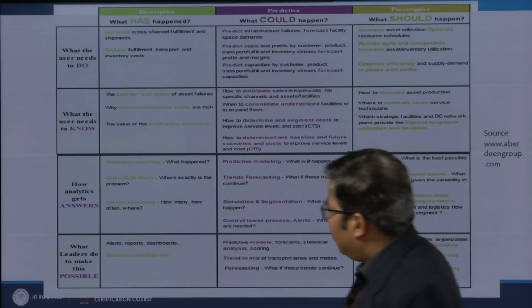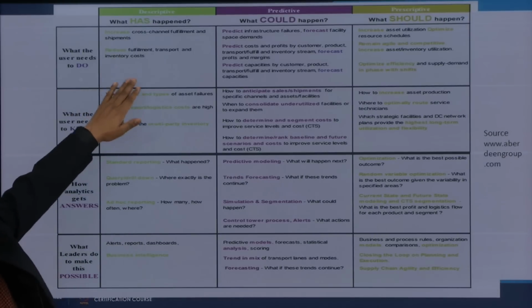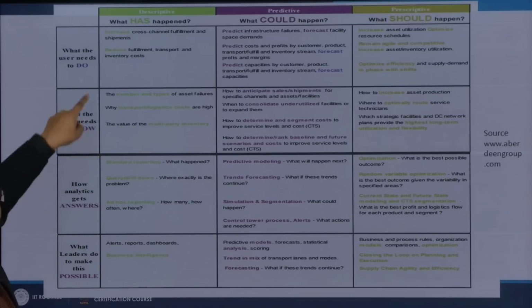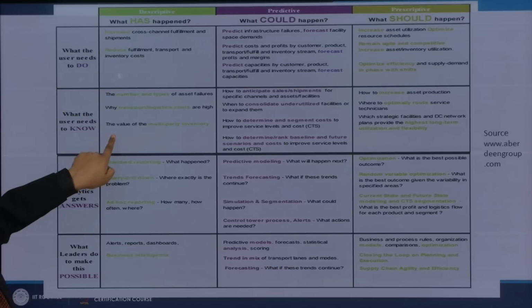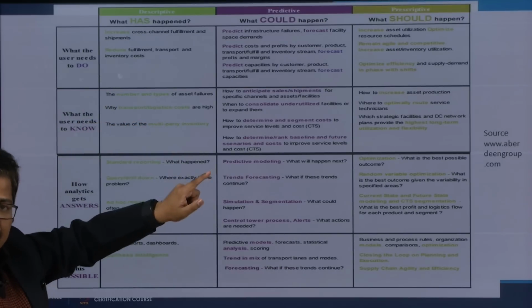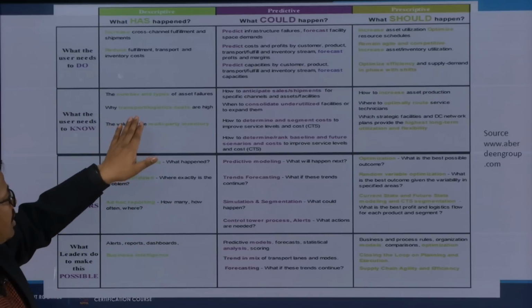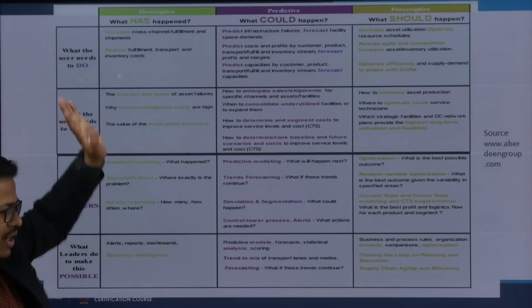Now, what the user needs to know with respect to these things. Now, you can follow these columns top to bottom. So, with respect to these things which the user needs to do, the user needs to know the number and types of asset failures which have happened, why transportation logistic costs are high, what are the reasons that my transportation and logistic costs are high.